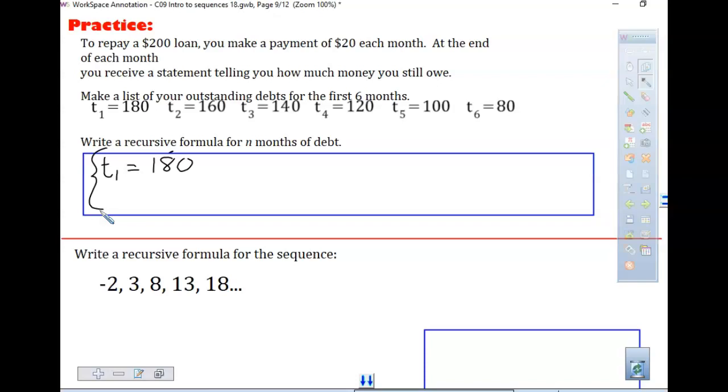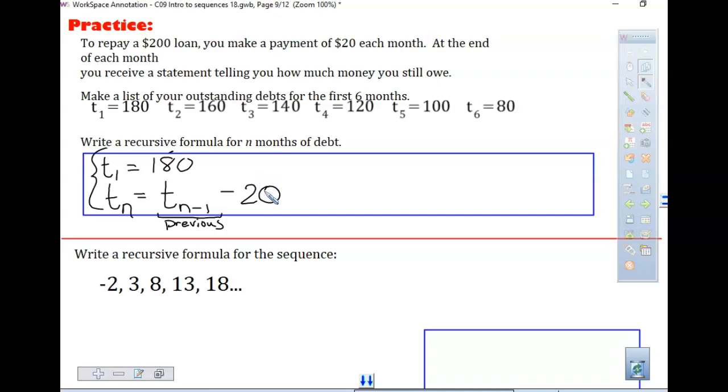Then we're going to say T sub n. So how do I get the next term? I take the previous one, T sub n minus 1, that just means previous, and then I'm subtracting 20.